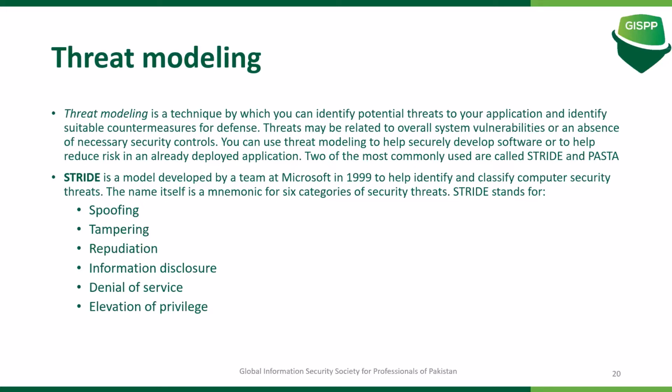S stands for spoofing, T stands for tampering, R stands for repudiation, I stands for information disclosure, D stands for denial of service, and E stands for elevation of privilege. If you take the first letter of each and every threat, it becomes STRIDE. And this is the Microsoft threat modeling methodology.